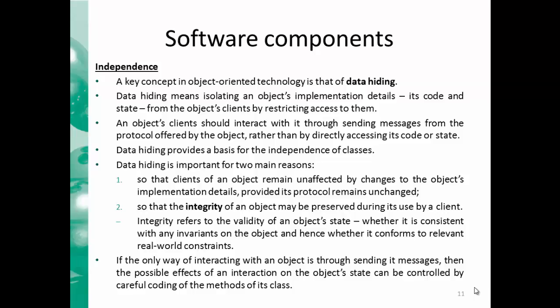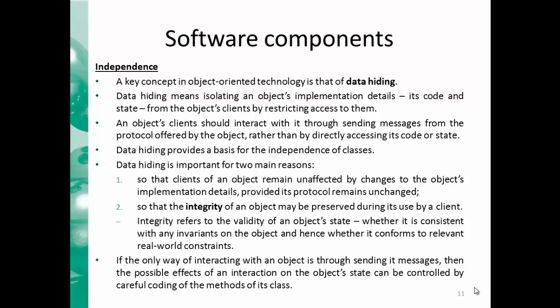This feature and concept of data hiding is the base for the independence of the classes. It means classes are able to hide their information from the other classes and to keep the integrity of their objects.